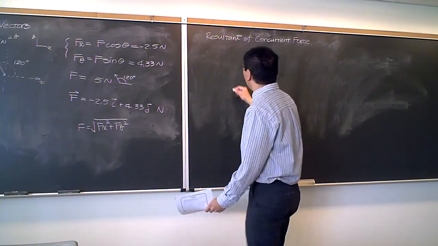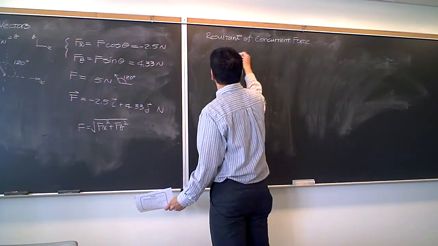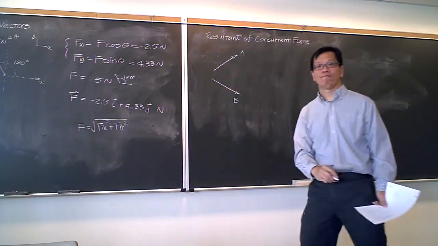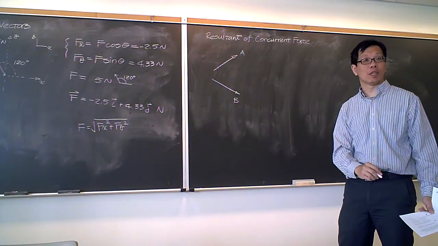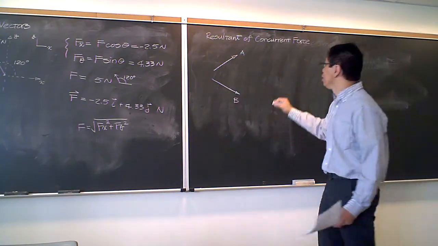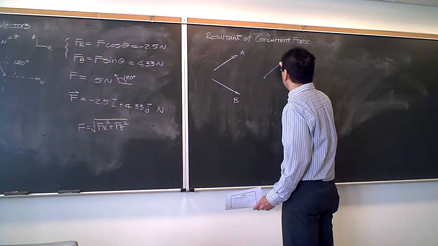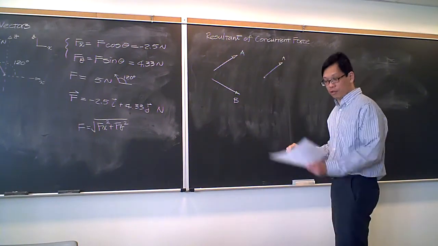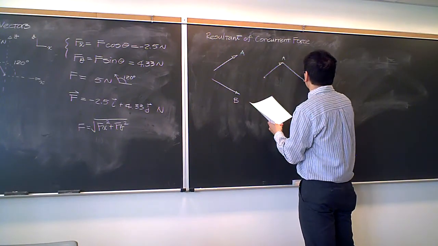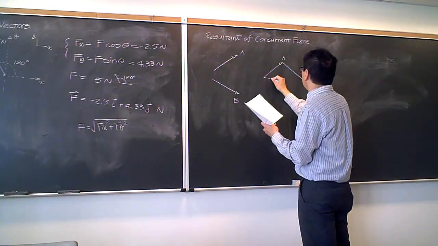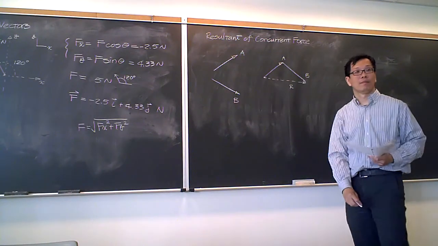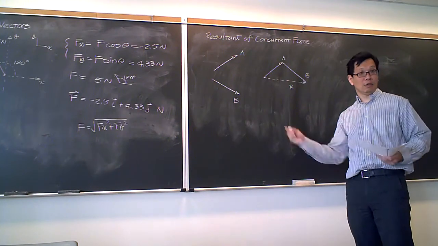Okay. So I have A and B, two forces. I want to add them together. Based on that, there are a few ways we can do it. Geometry-wise, A, B, that's my R. Any question?